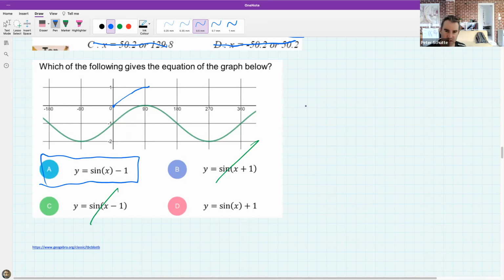Just a quick question. What is the range of this graph? And what is the amplitude of this graph? Sine x minus 1?